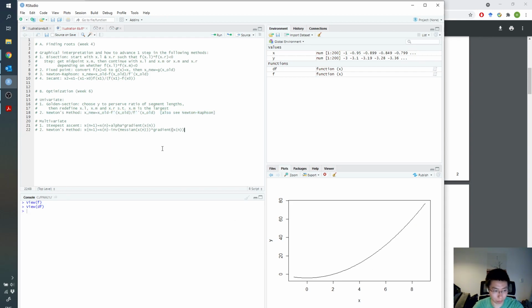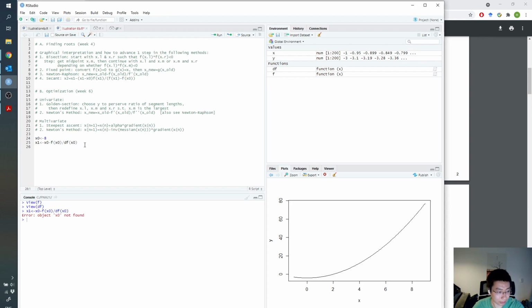And let's say that we started with an initial guess of 8 and wanted to use Newton's method to find a root. So there's going to be a root at x equal to 2, but let's see what happens if we start with an x0 of 8. What I need to do to take one step is given by this, right? So I know that x1 is going to be my x old, so that's going to be x0 minus my function evaluated at x0, so f of x0, divided by the derivative of f evaluated at x0, so that's going to be df of x0.